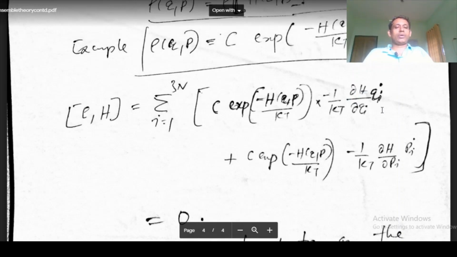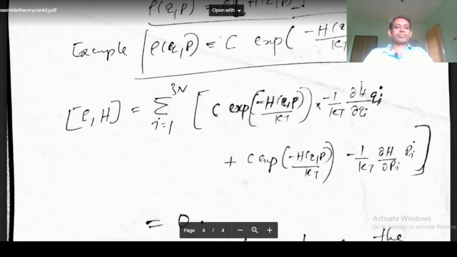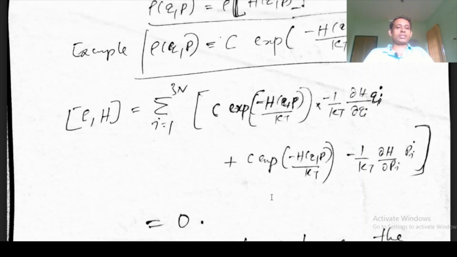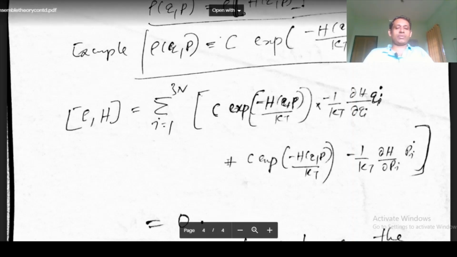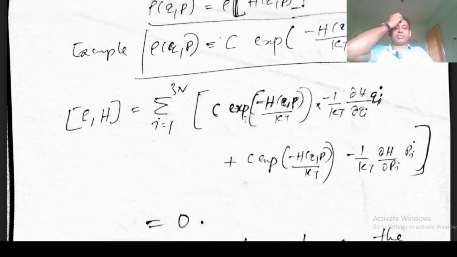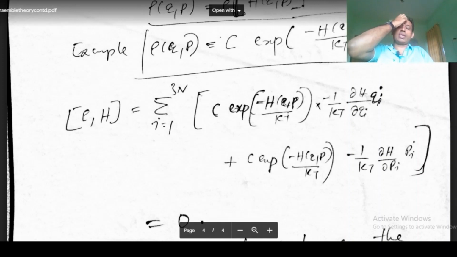We know qi dot is dou h by dou pi, and pi dot is minus dou h by dou qi. So these two terms are equal in magnitude but opposite in sign, because a negative sign appears here, so they get cancelled.